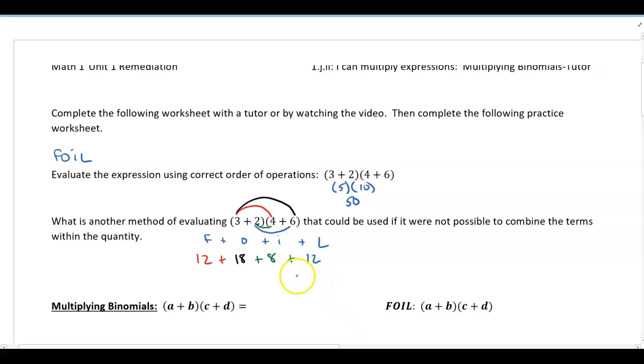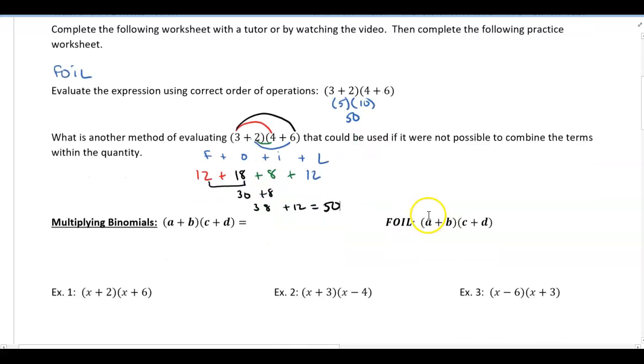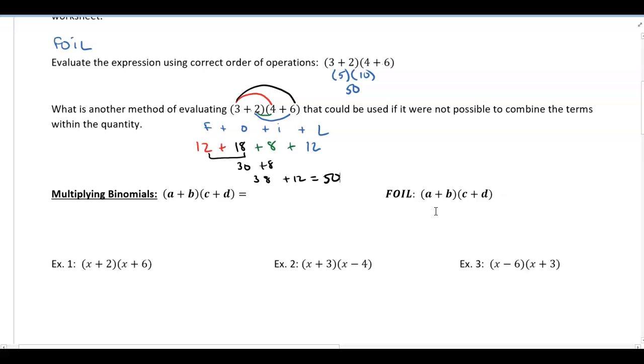Now, if I add this together, this gives me 30, plus 8 is 38, plus 12 would be 50, right? So this idea of FOIL, or multiplying every term in the first binomial by every term in the second binomial, does work out.